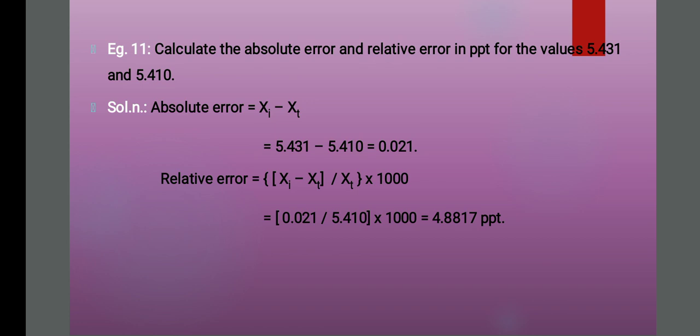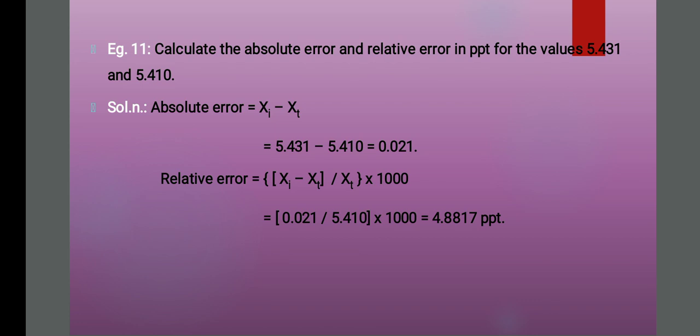I have already said, absolute error is nothing but individual value minus true value, that is, experimental value minus the true value. So 5.431 minus 5.410, which is nothing but 0.021. This is the absolute error.